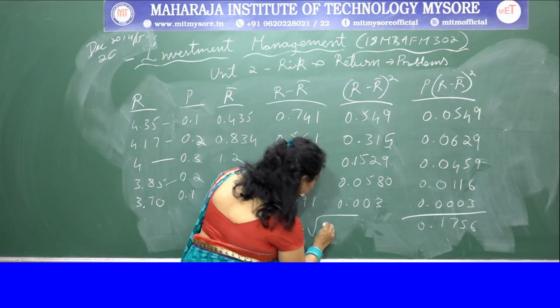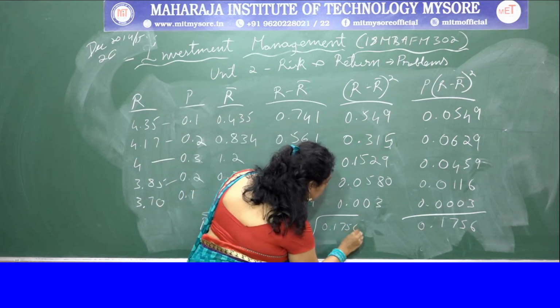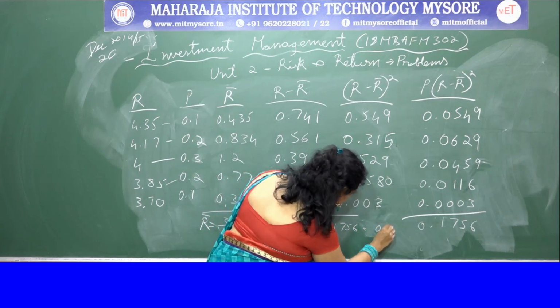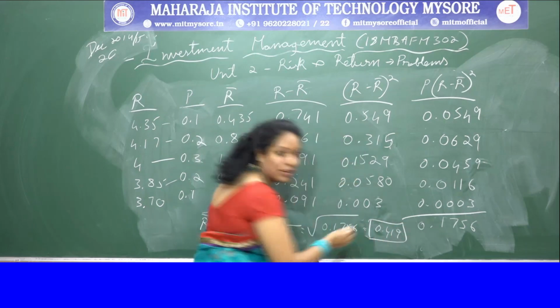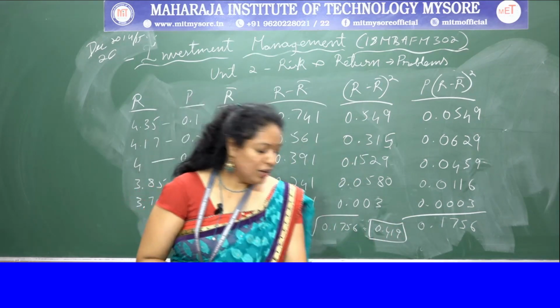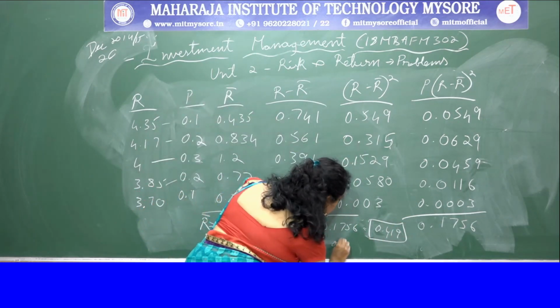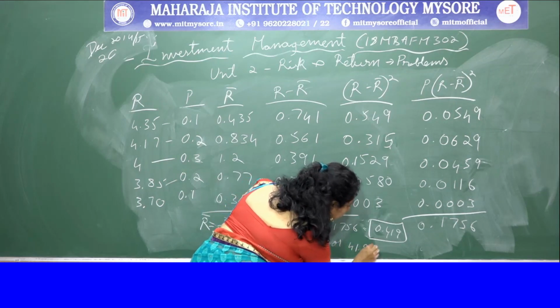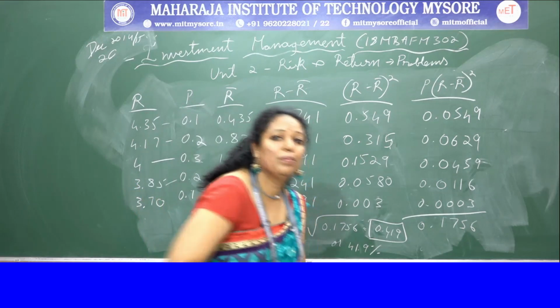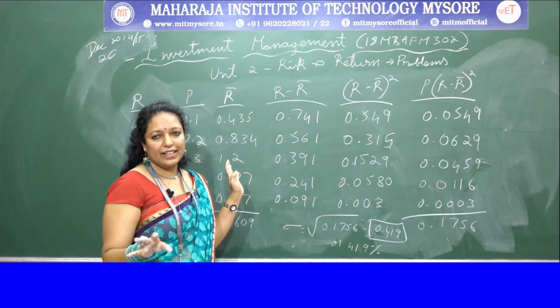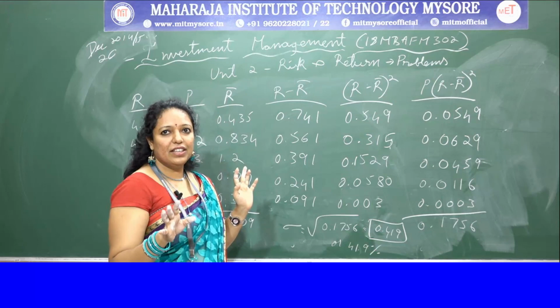So you get the root of 0.1756, which is 0.419, or you can keep this as 41.9%.